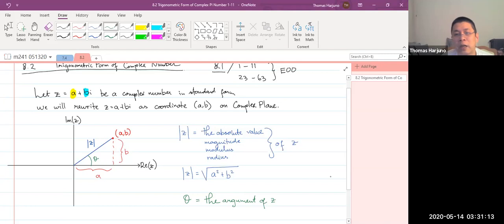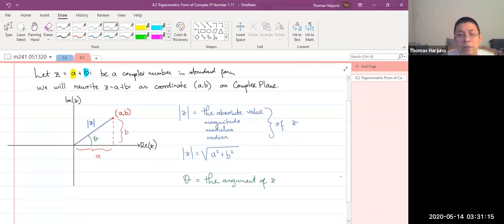You can say if z is represented by coordinate (a, b), then the argument of z is the angle in standard position from the positive real axis.